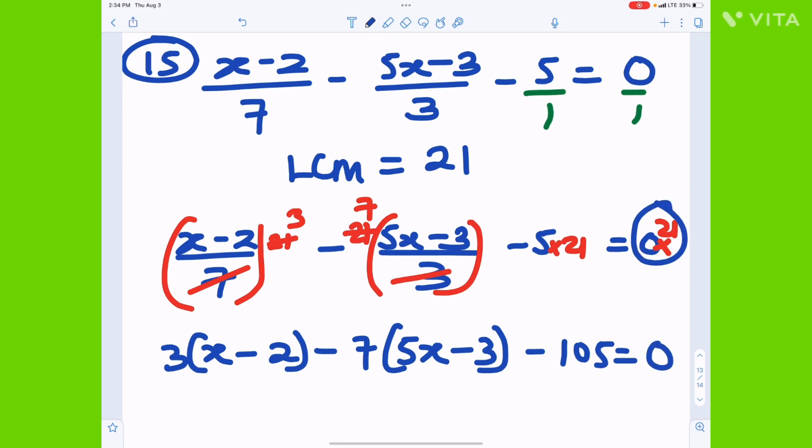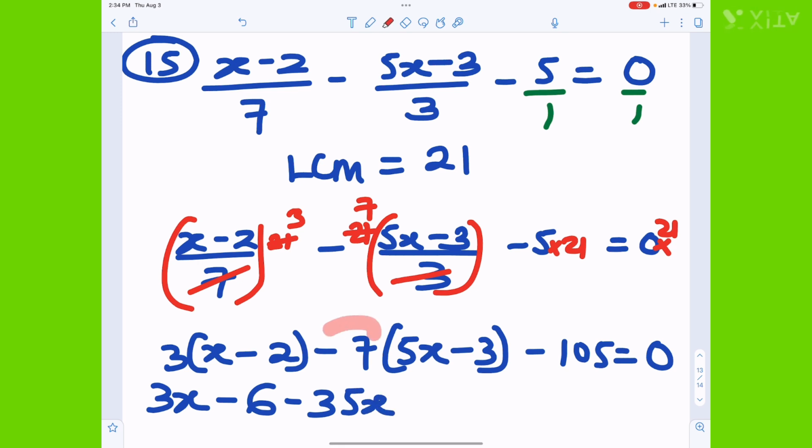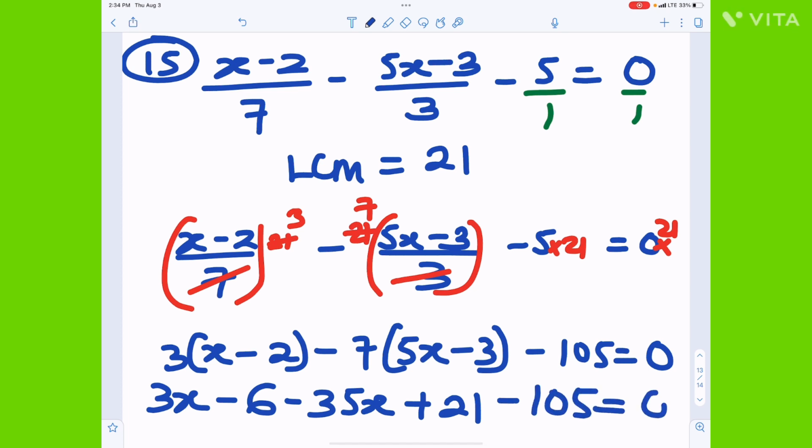Here, 0 times 21 is 0. So this gives me 3x minus 6. Minus 7 times minus 5x is what? Minus 35x. Then minus 7 times minus 3 is also what? Plus 21. Minus times minus is plus. Minus 105 is 0.